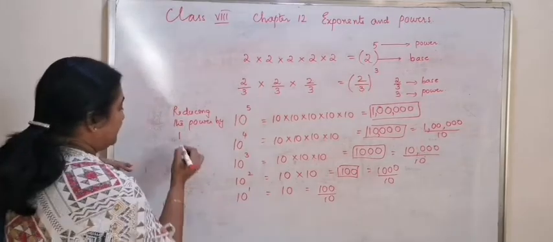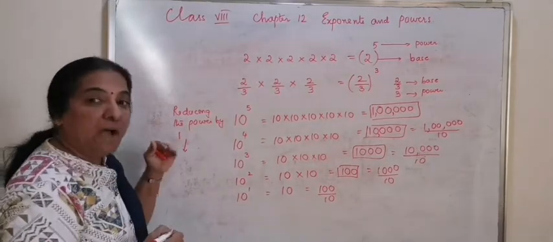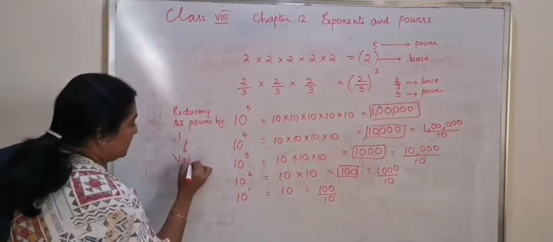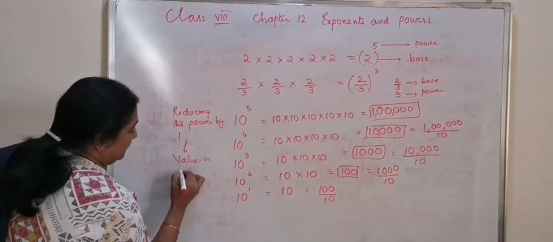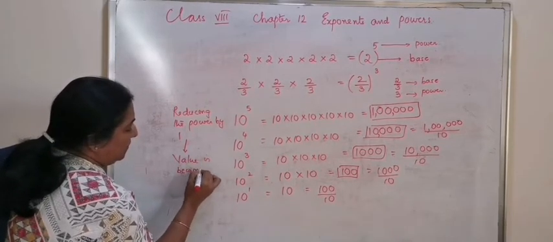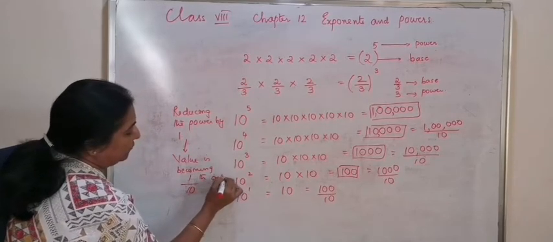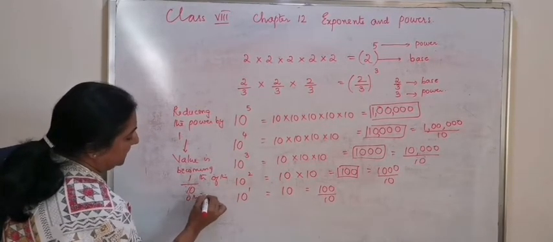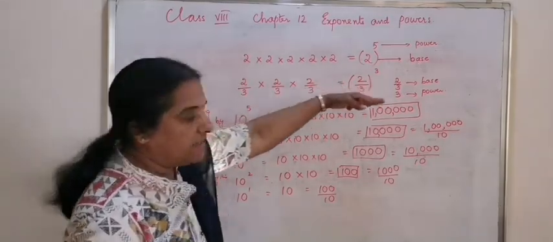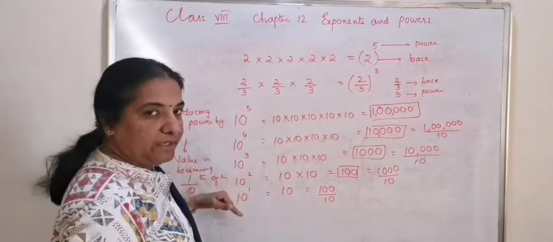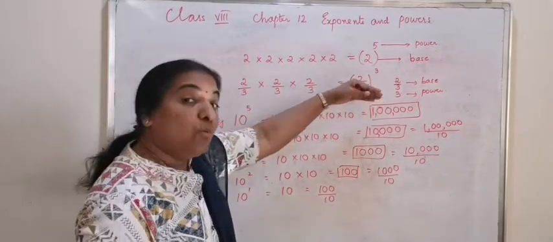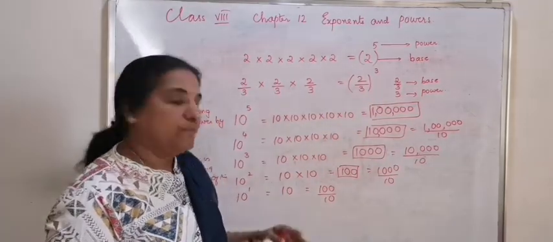So at the same time, what is happening to the value? The value is becoming 1/10 of the other number. You can see each time when you reduce the power by 1, the value is becoming 1/10 of the previous value.